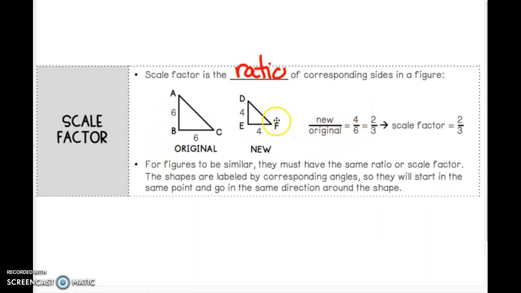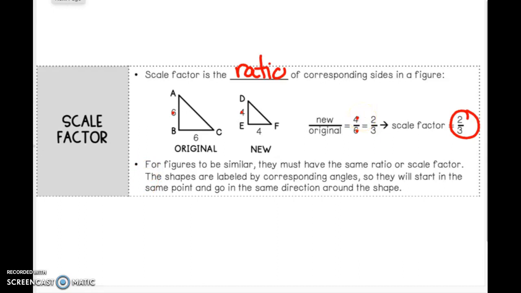So we have the new one is here, the original. So it's a 4 to 6. And what did we have to multiply by to get 4? Well, we had to make it 2/3.